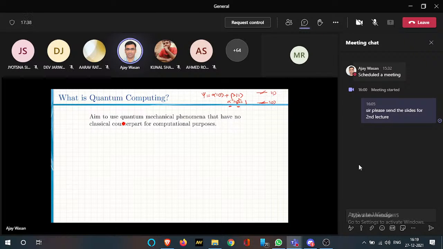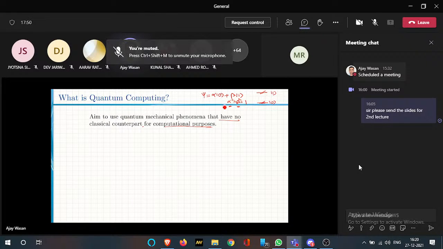Okay, so the aim is to use quantum mechanical phenomena that have no classical counterpart for computational purposes. I said this quantum world has no classical counterpart, so you cannot think of that analog thing I was saying right now.